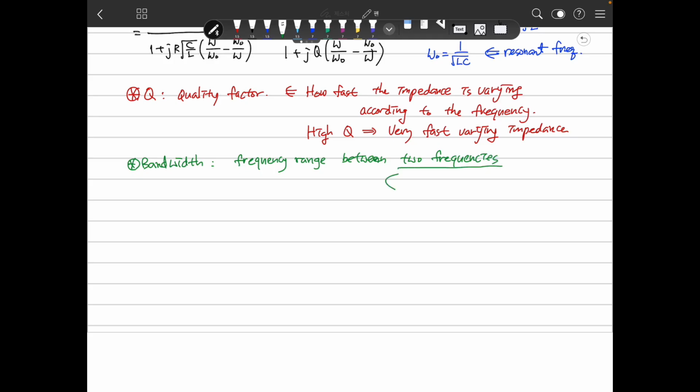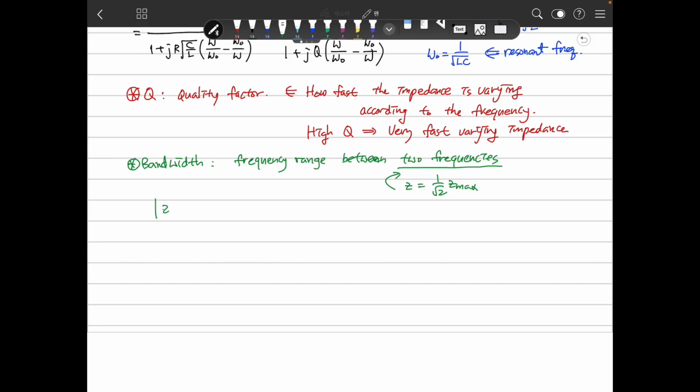At these frequencies, G will be 1 over root 2, which is 0.707.